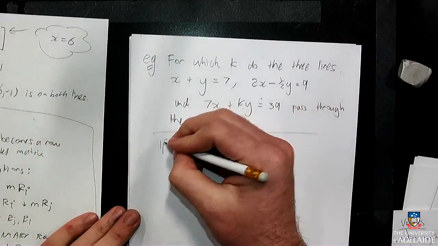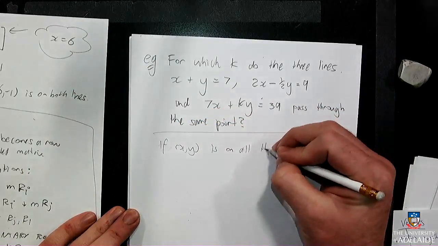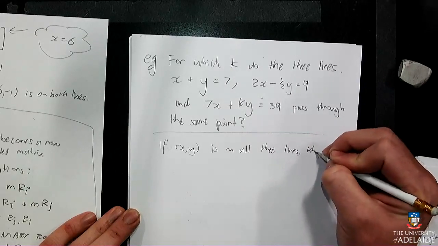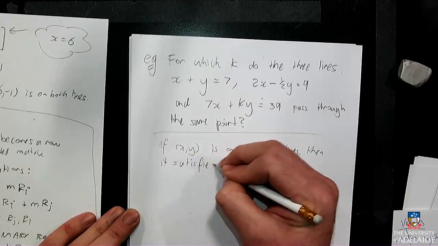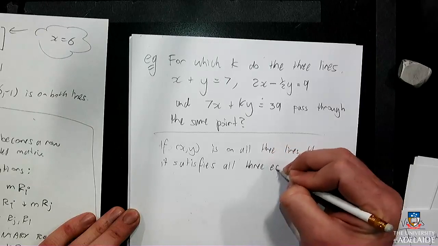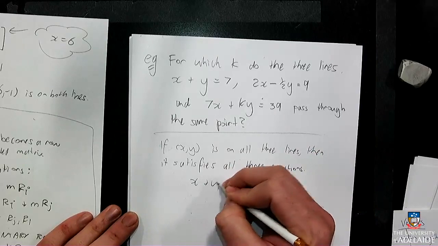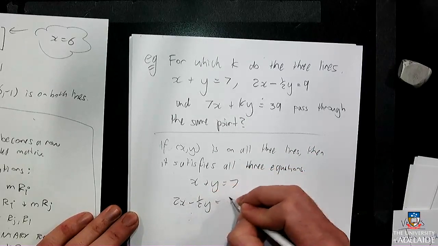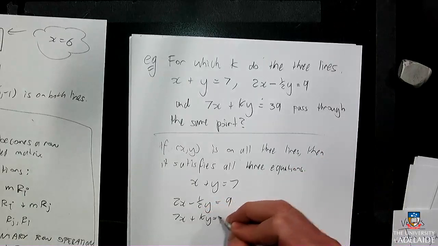So if xy is on all three lines, then it satisfies all three equations, which would be x plus y equals 7, 2x minus a half of y equals 9, and 7x plus ky equals 39.